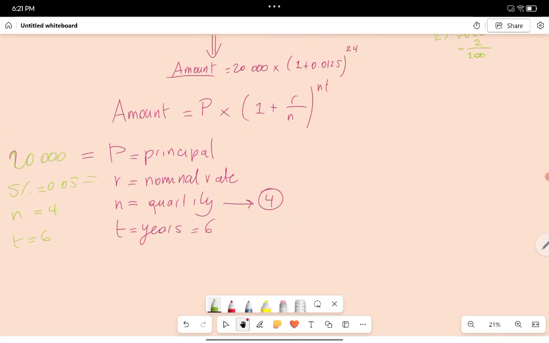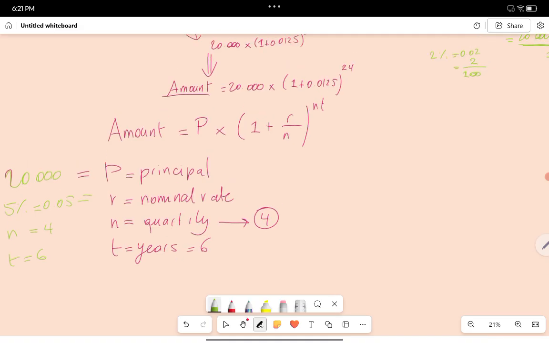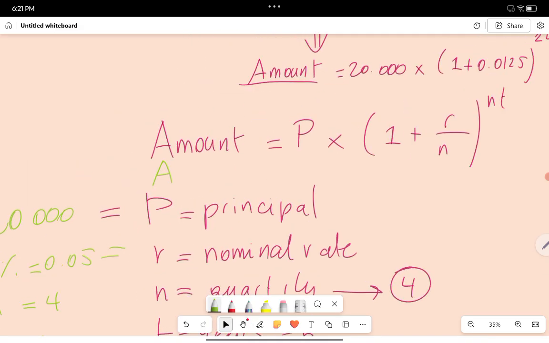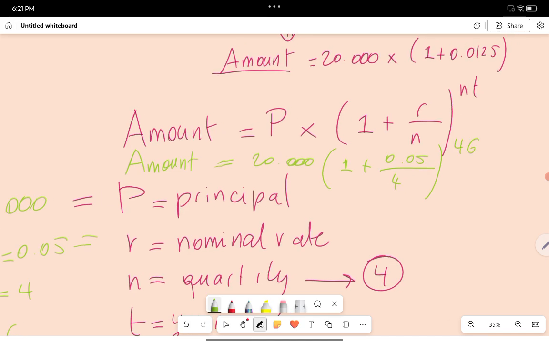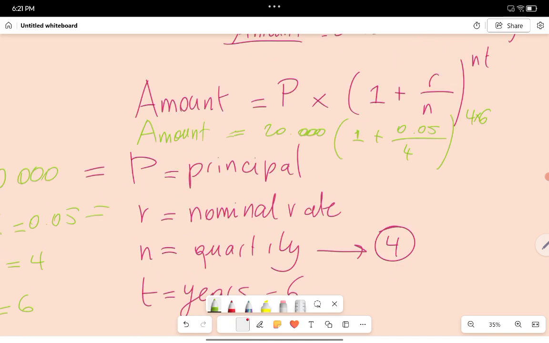So indeed, if we work this out, the amount is 20,000 times 1 plus 0.05 divided by 4, to the power 4 times 6, because n was 4 and t is 6 since we have 6 years.